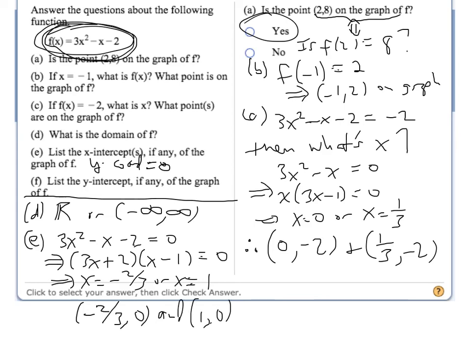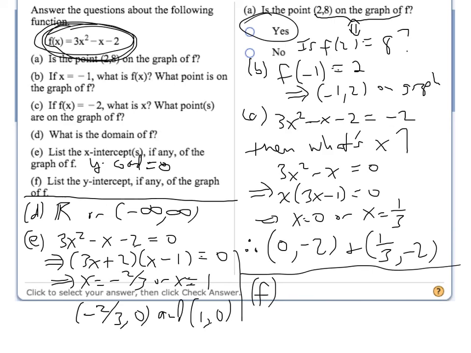Remember that the x-intercept is just where the y-coordinate is 0, so when x is negative 2/3, y is 0, and when x is 1, y is 0. And if you are able to produce a graph of this thing on some kind of technology, you'll see that those make sense.